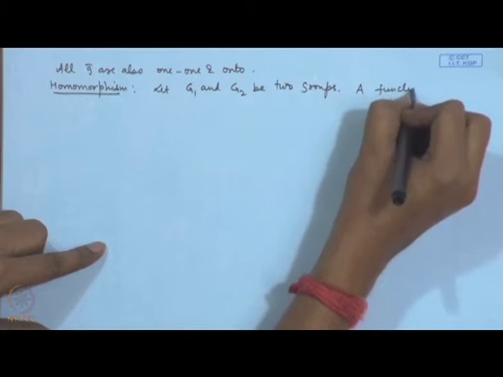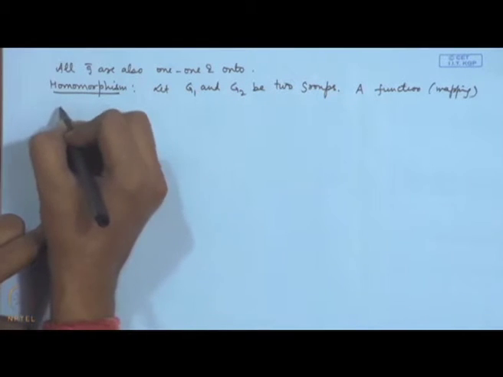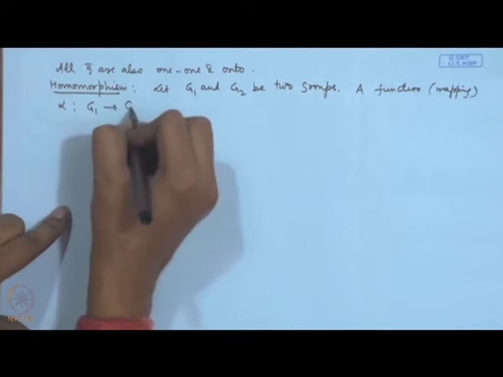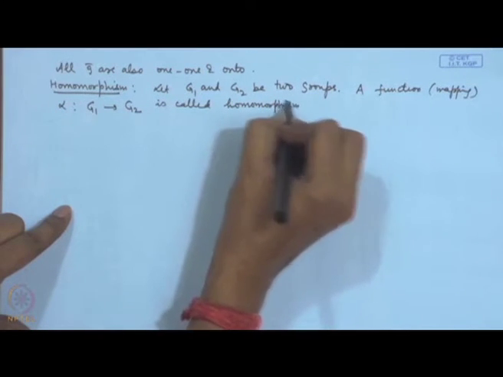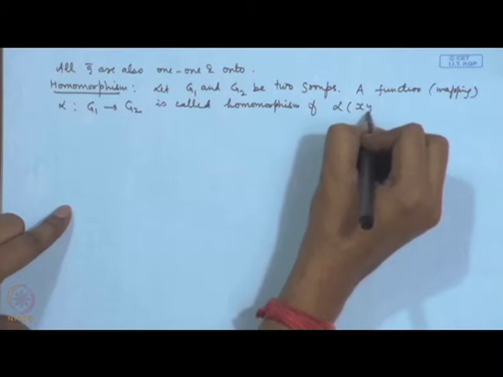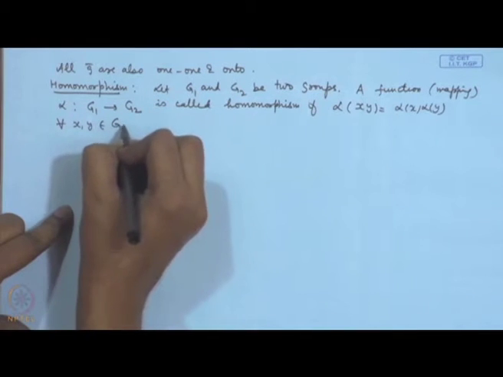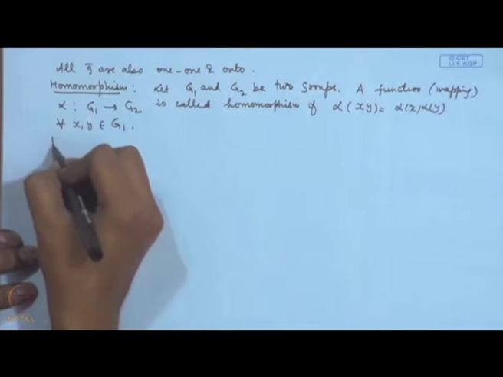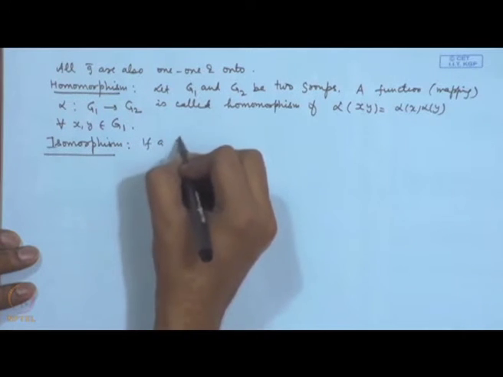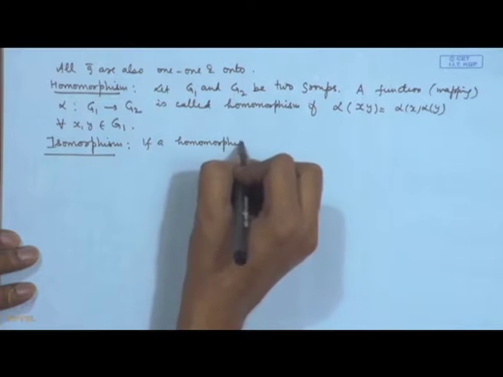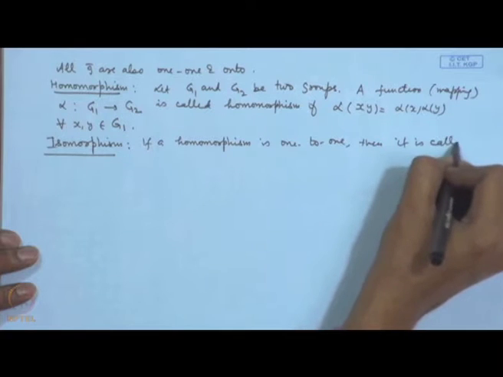A function or mapping, say alpha from G 1 to G 2 is called a homomorphism if alpha of x y is equal to alpha x into alpha y for all x, y belonging to G 1, and an isomorphism if a homomorphism is 1 to 1, then it is called an isomorphism.